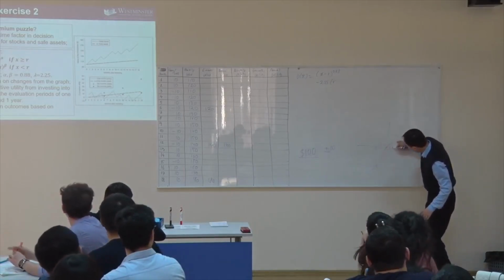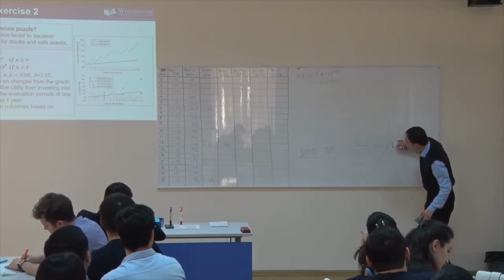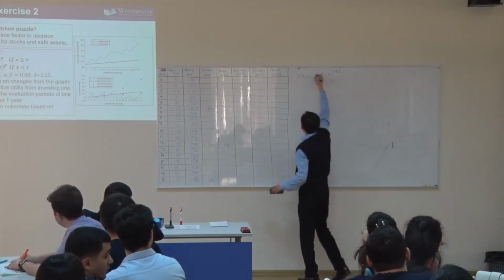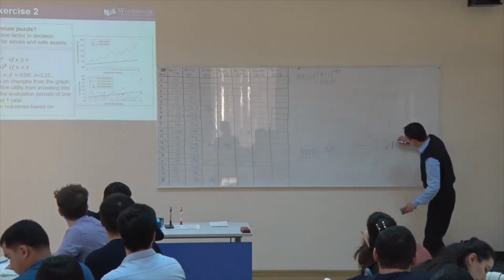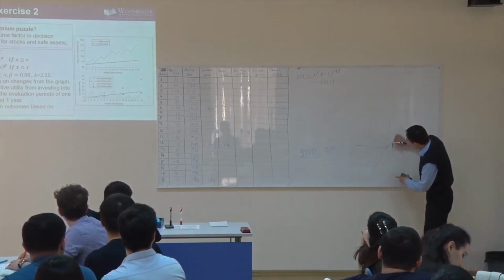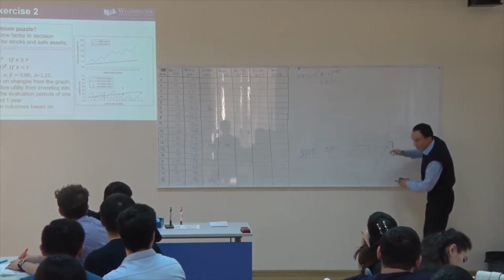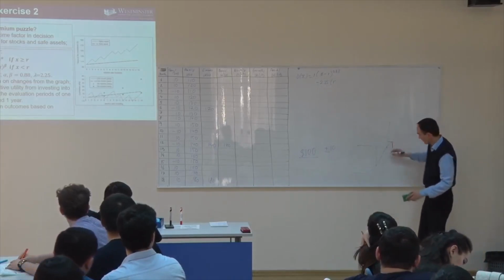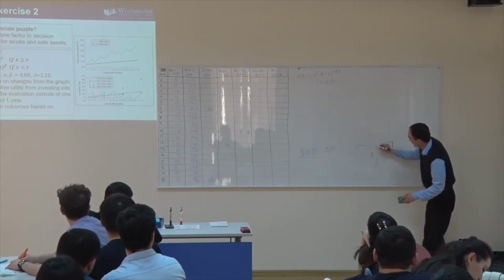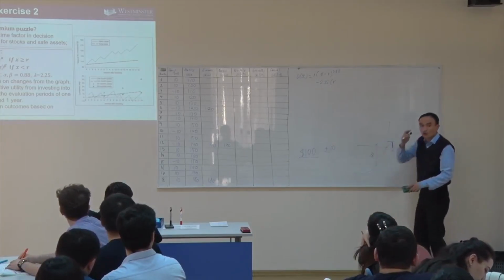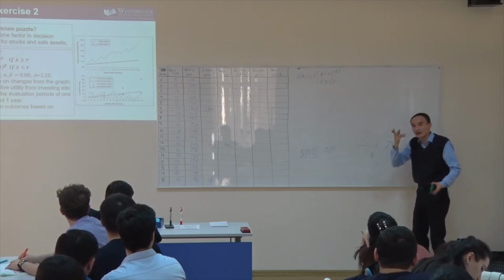For example, if it's 1, let's say, because in front of this one it has 1, it means that $10 is going to make us, for example, 1 time happy. Here, this 2.25 means that a $10 loss is going to make us 2.25 times unhappy.